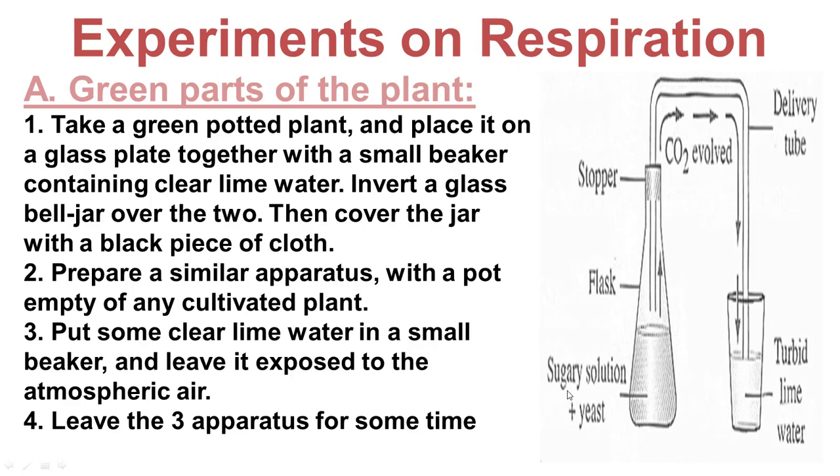A sugary solution and yeast for a little part. The yeast will be activated to make an alcoholic fermentation on the sugary solution. So we have two products. First one, ethanol. Number two, carbon dioxide will be evolved. If I want to test the formation of carbon dioxide, I will use lime water. If it stays the same without turbidity, then carbon dioxide is not produced, but if the lime water turns turbid, then carbon dioxide is produced.